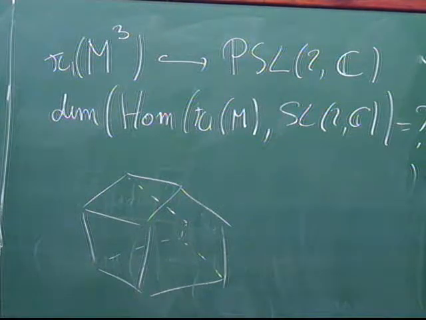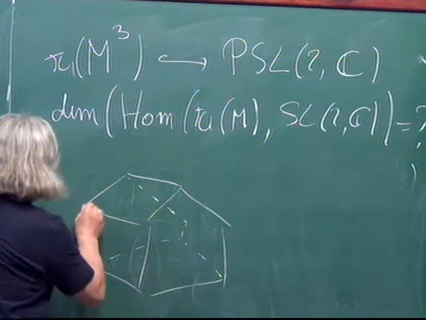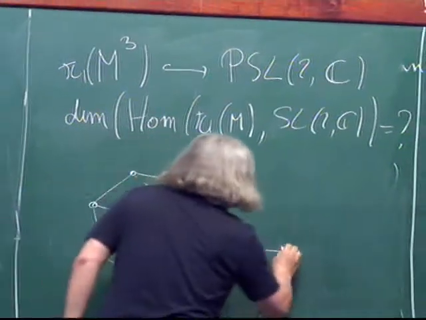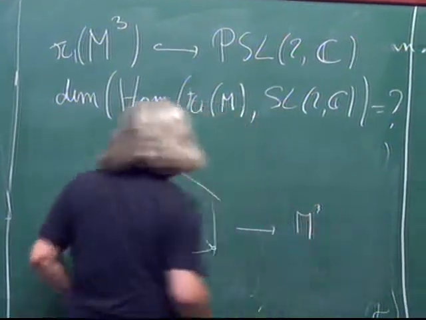You have seen these polygons, where you identify sides 2 by 2. Now, when you do that, you can even assume that all the vertices, when you go to the 3-manifold, go to the same point.